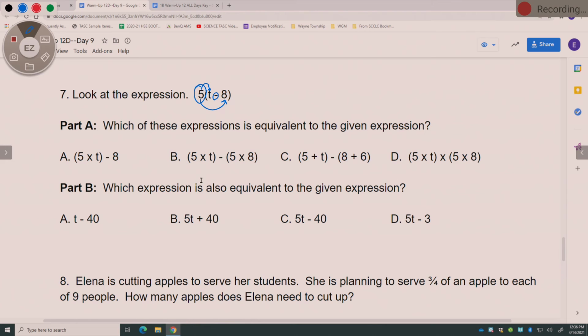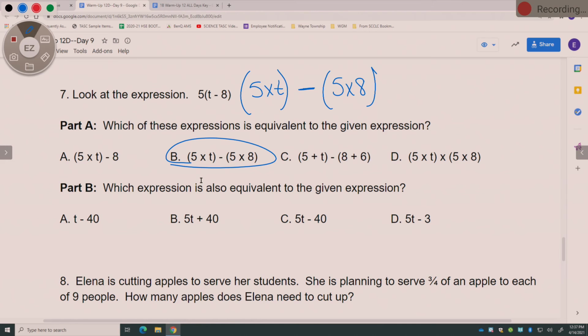So this actually becomes 5 times t minus 5 times 8. And we put these in parentheses so we know that's a number that we need to treat like one number. And that is letter B. Now, if we are going to write it another way, we can also write it, remember, 5 times t, bring the sign down, and 5 times 8.